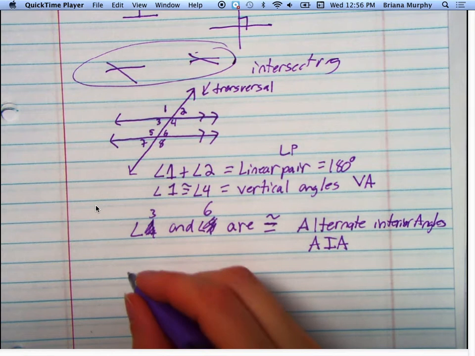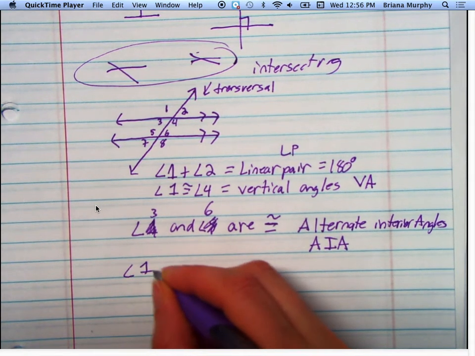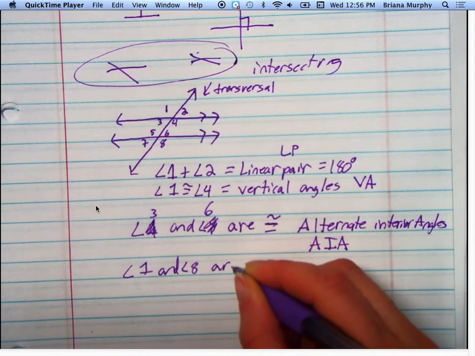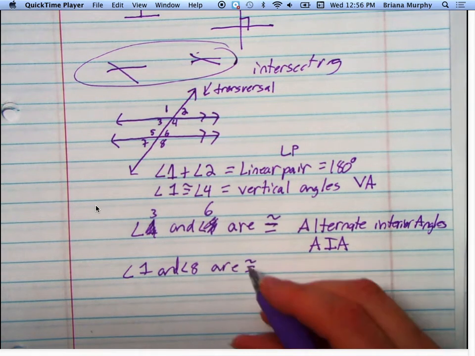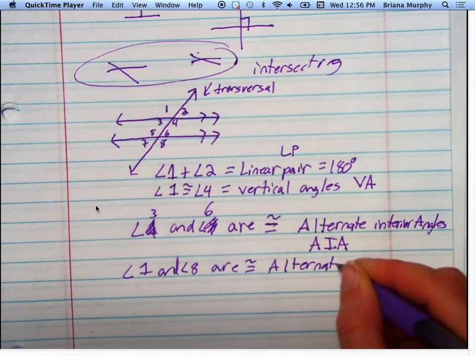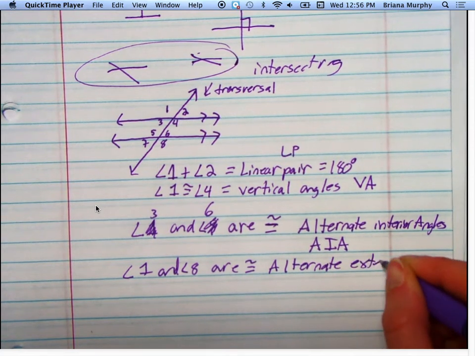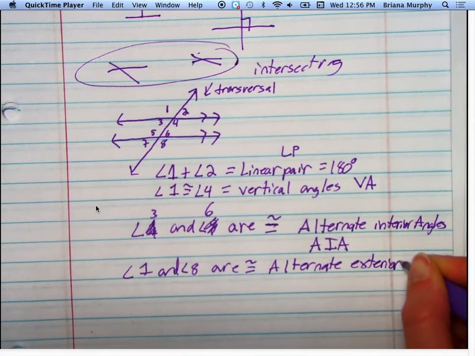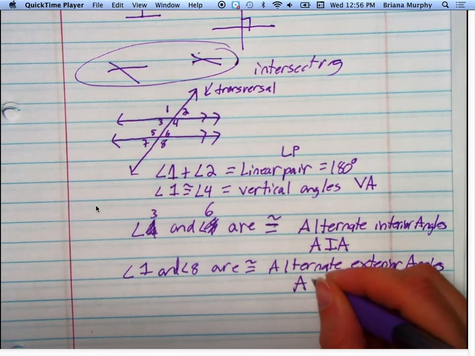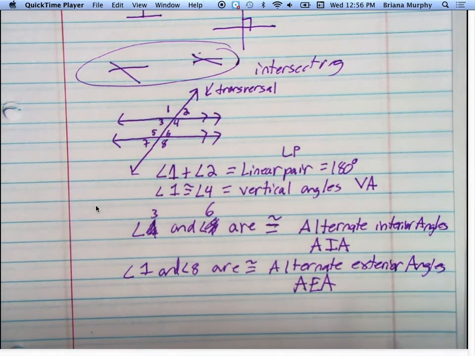Angle 1 and 8 are also congruent, but they are alternate exterior angles. We call that AEA, alternate exterior angles.